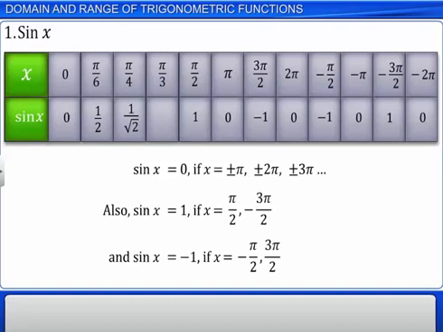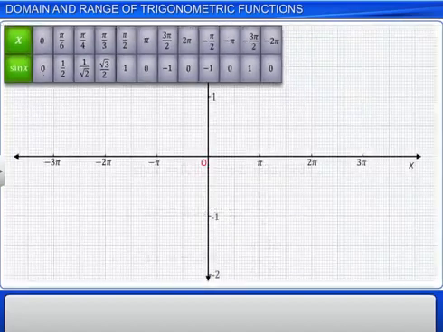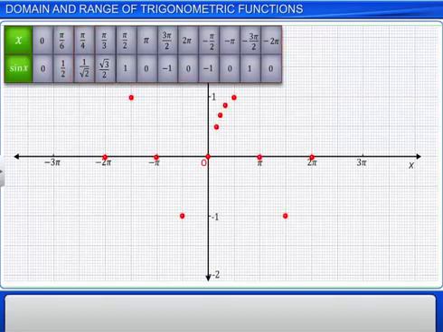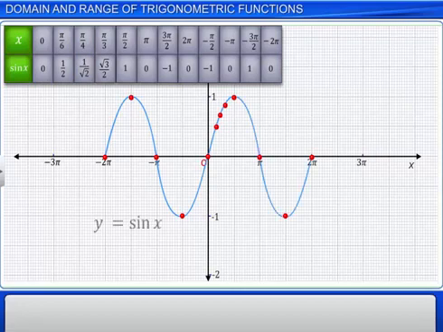And sin pi by 3 is root 3 by 2. Now, let us plot the values of x on the x-axis and the corresponding values of sin x on the y-axis. We get the graph as shown.